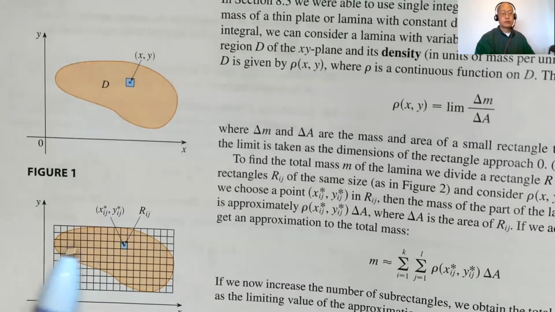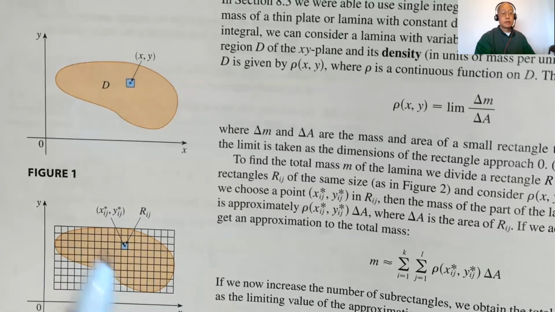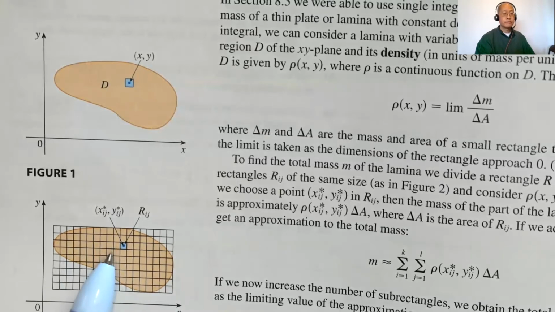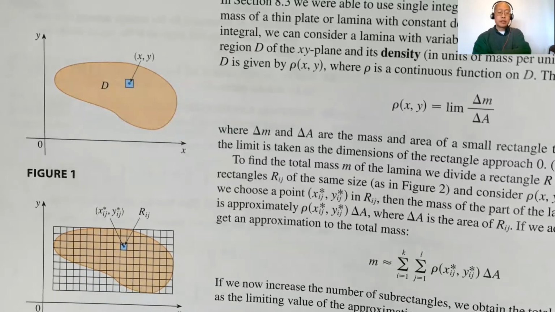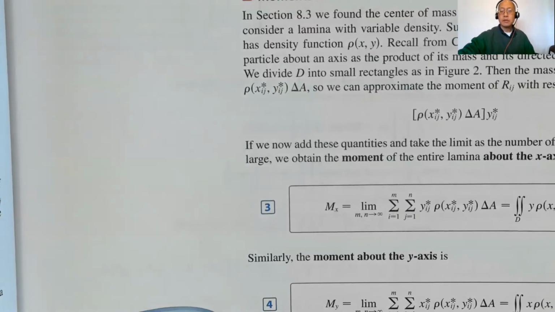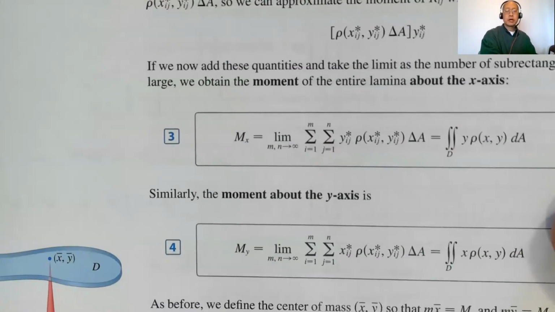Okay, so you could, of course, chop the lamina up into so many pieces and analyze each one. But let me just give you the highlights of this. Right, so moments and center of mass on page 1017. Box number 3, you can put that in your formula sheet.